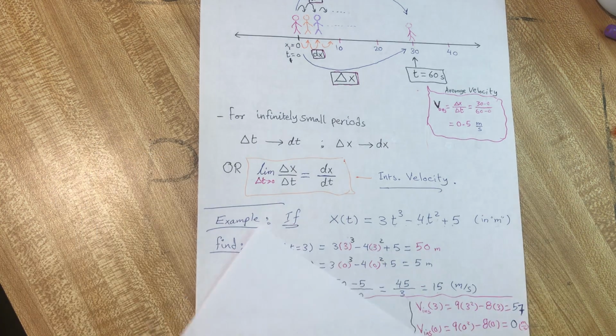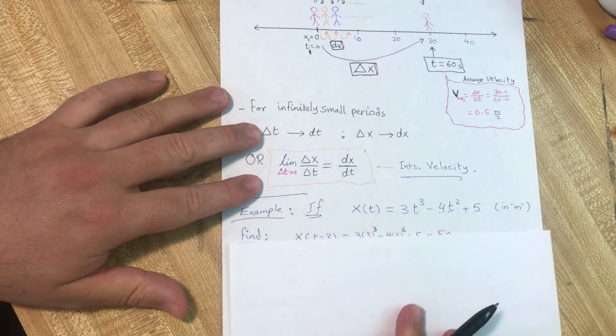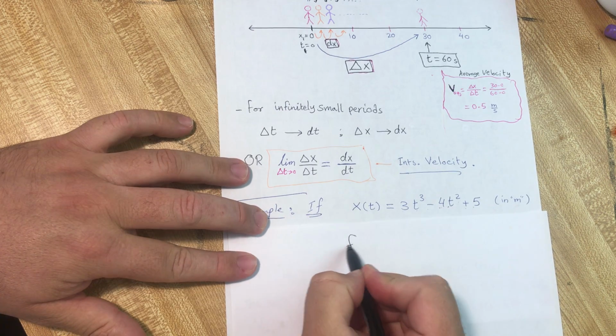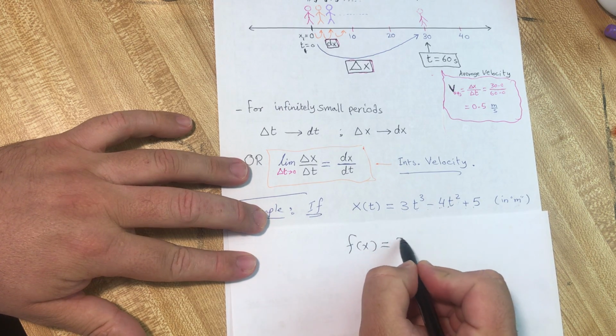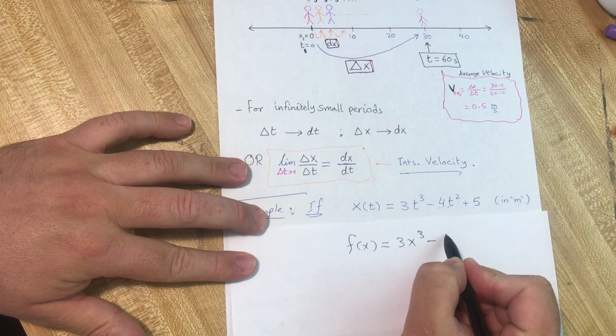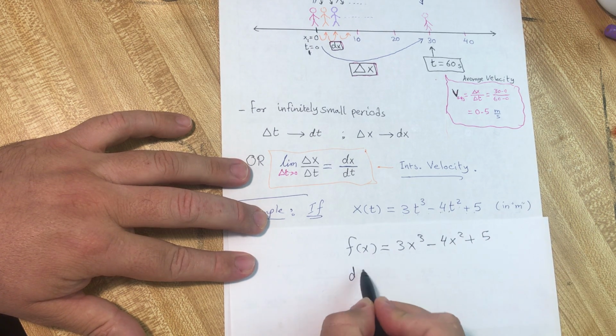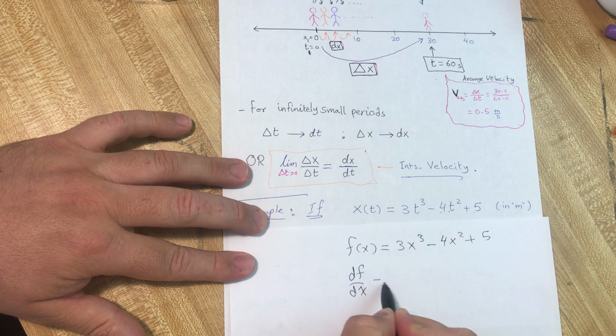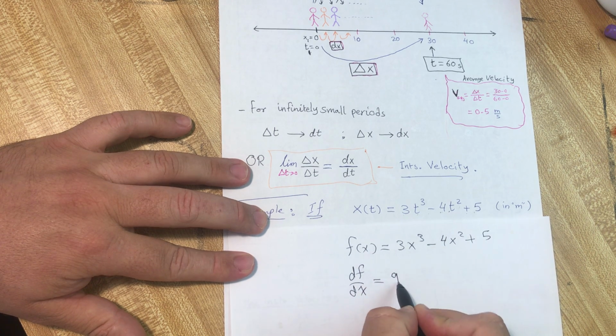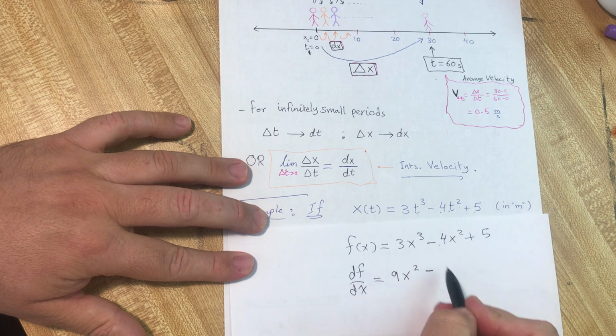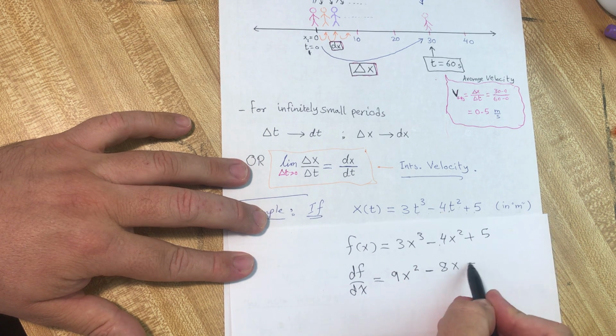Assume f of x is equal to 3x cubed minus 4x squared plus 5. What is df by dx? It is easy. 3 by 3, which is 9x squared, minus 2 by 4, which is 8x plus 0.